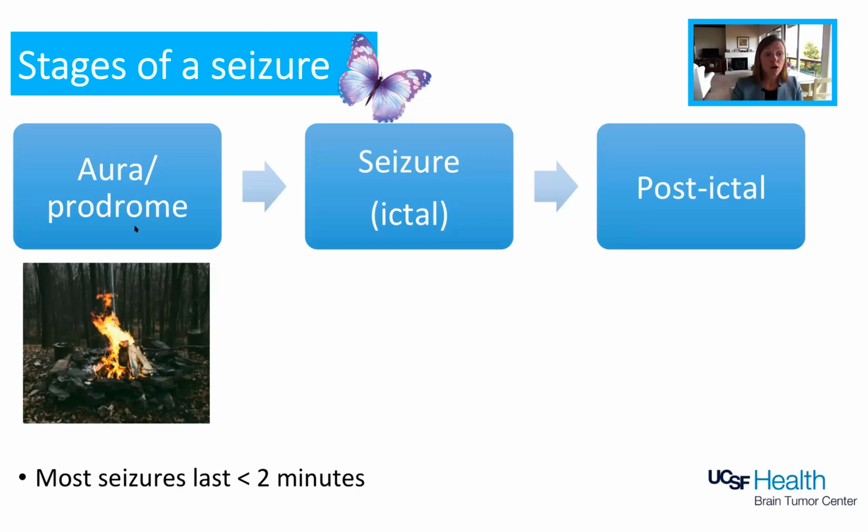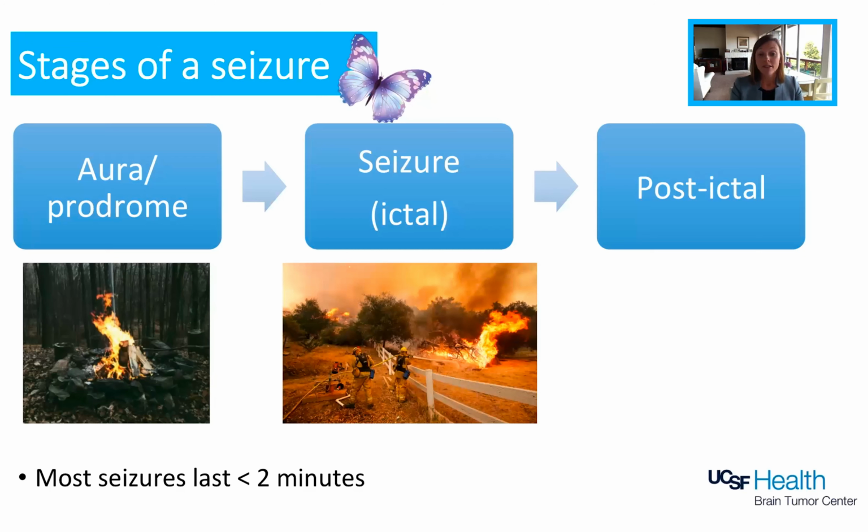So the aura or the prodrome is the spark, campfire or whatever may be the instance that creates the fire. And then as that electrical activity extends, as the fire grows, then you end up with the seizure. And depending on how far that wildfire spreads depends on how severe the seizure is.